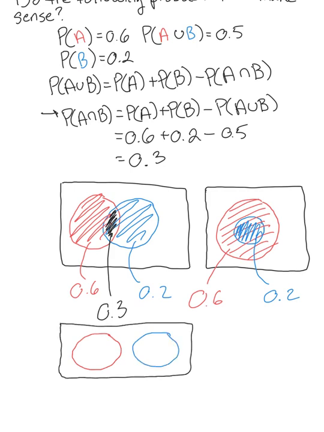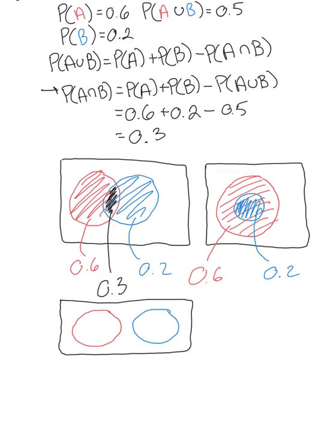Okay, so now again, this is 0.6, and this is 0.2. So this is in a situation in which there is no intersection.